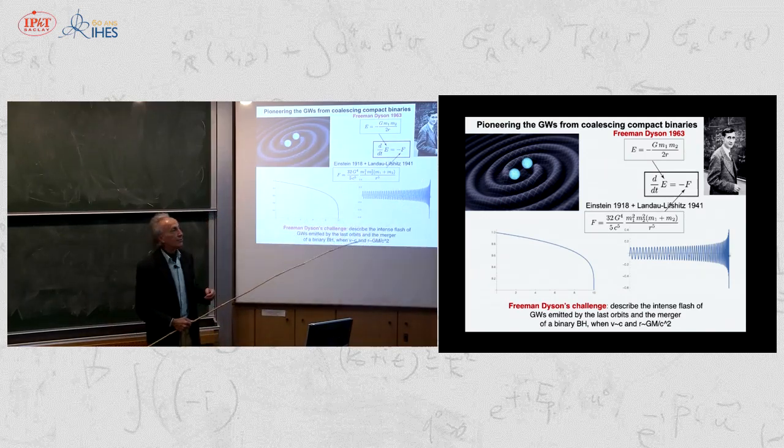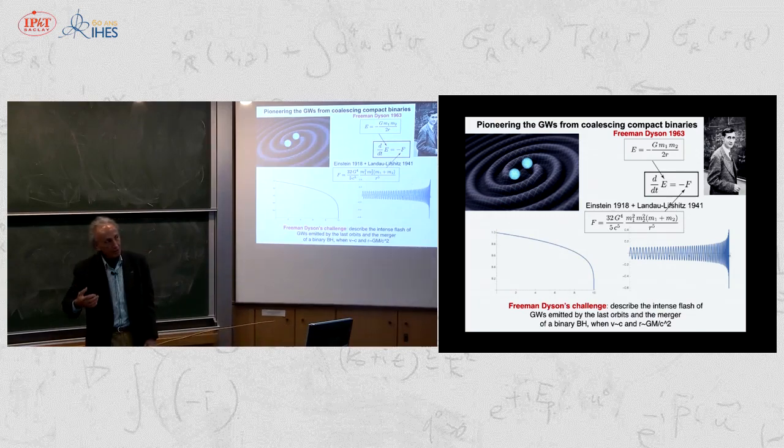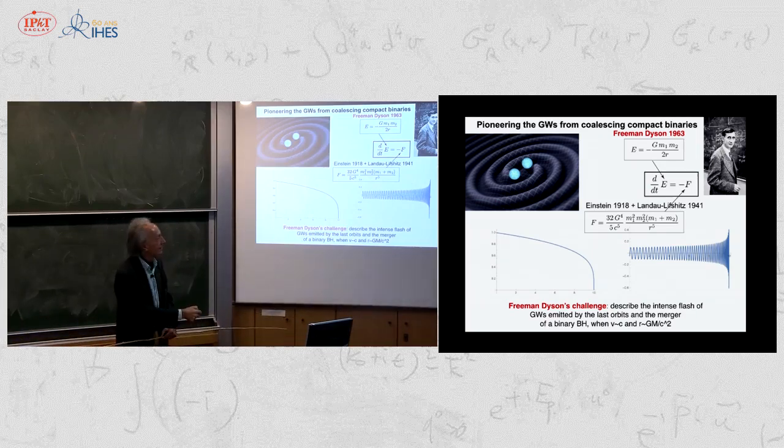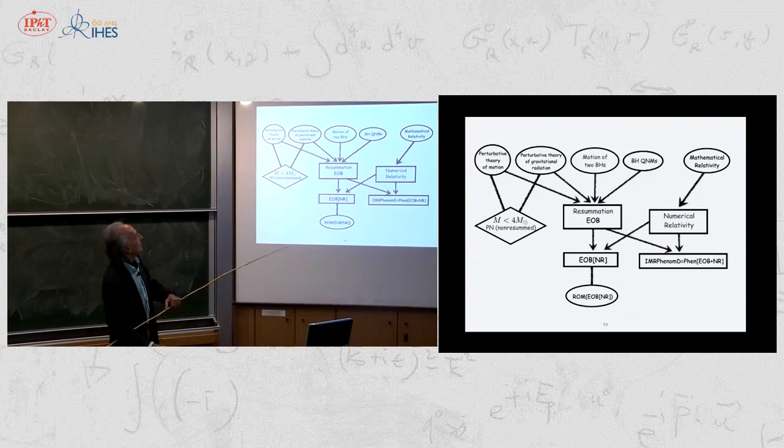And at the end, you cannot use the lowest order formulas like the Newtonian energy and lowest order quadrupole flux. In order to face the computation of the end of the signal, you need to refine this. And this is what I'm going to talk about.